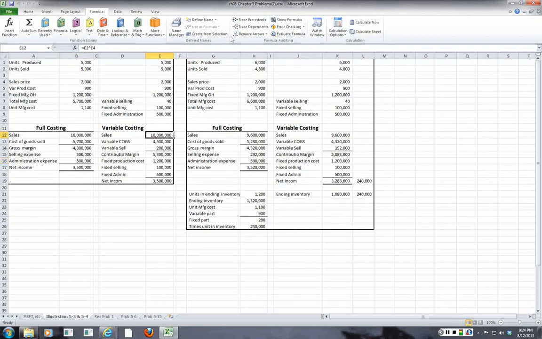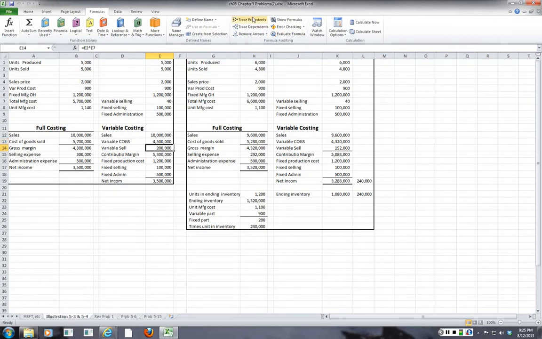Now let's see how we handle it with the variable costing. We get the same sales, the same 5,000 times $2,000 to get the sales of $10 million. But now the variable cost of goods sold takes the 5,000 units that were sold and multiplies that by $900, and we get $4.5 million of variable cost of goods sold.